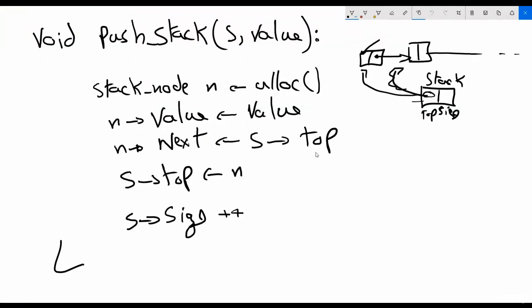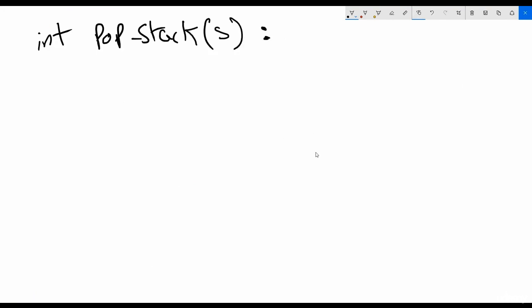So it'll be some function that will return int, and let's call that pop stack. So it'll pop a number from the stack S, and it'll return it as a function return value.